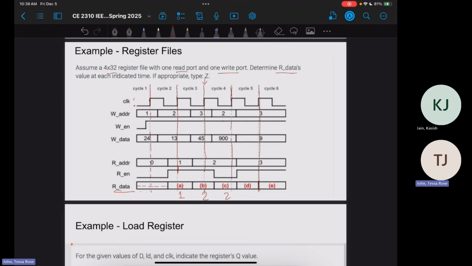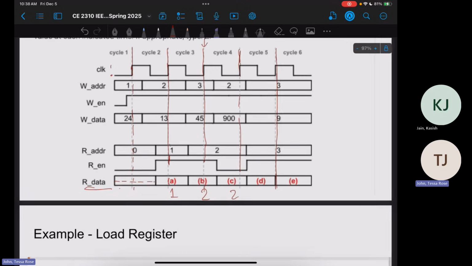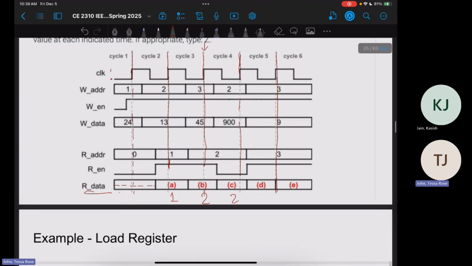I do see my teacher sometimes split that box and have the previous number in there, and then once it hits the clock, she'll have the next number in there. Like before, because the clock rises during A, and before it's the value from 1. But the clock rises again during the A period, and then it would be the value from 2, right? I think it's a very confusing question.